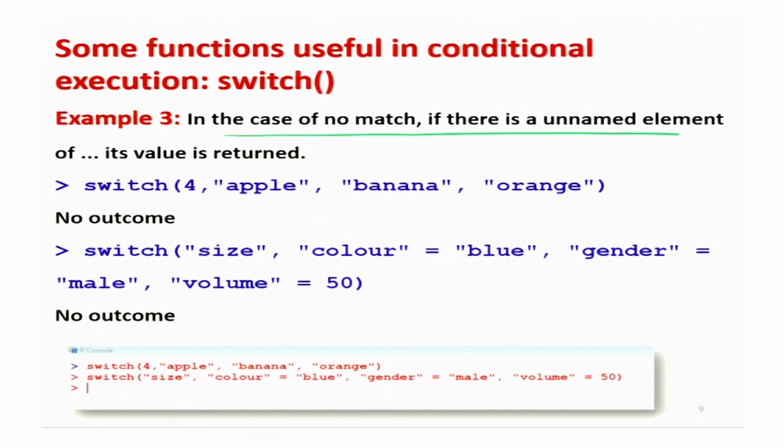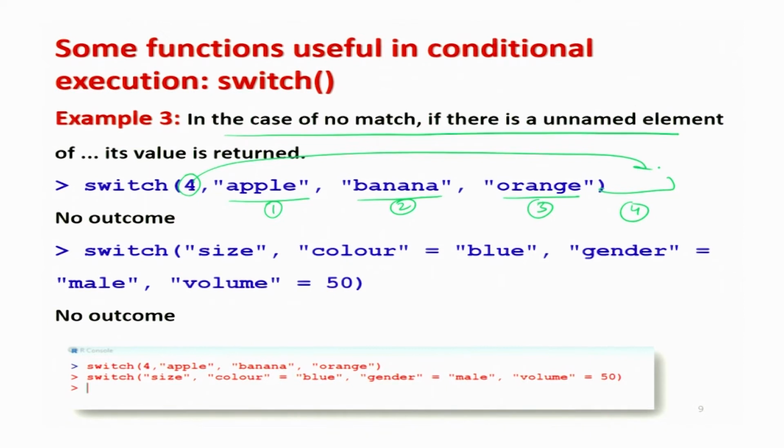If you look at the same example where I took apple, banana and orange, and I write down 4, you can see that apple is at position number 1, banana at 2, orange at 3, and for the 4th there is nothing here. So there won't be any outcome.